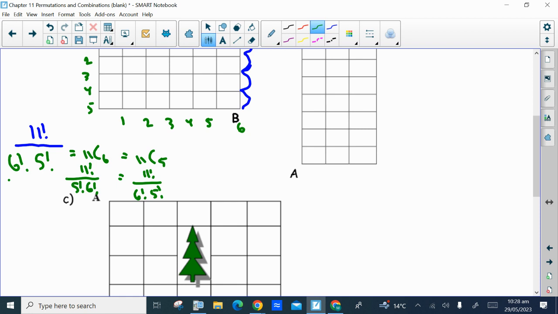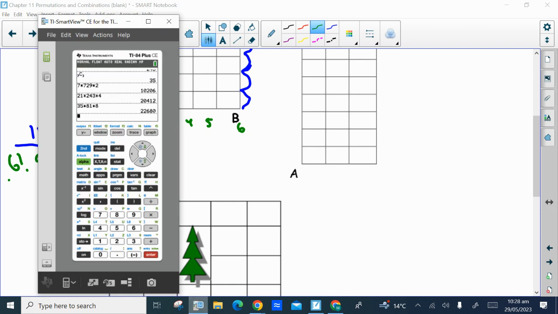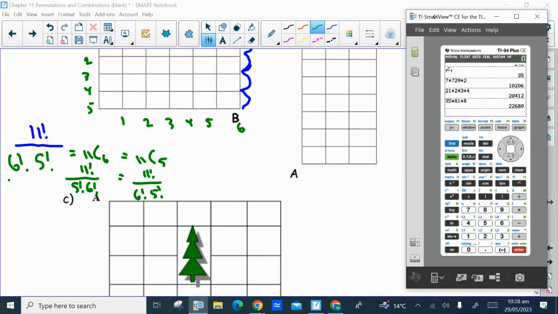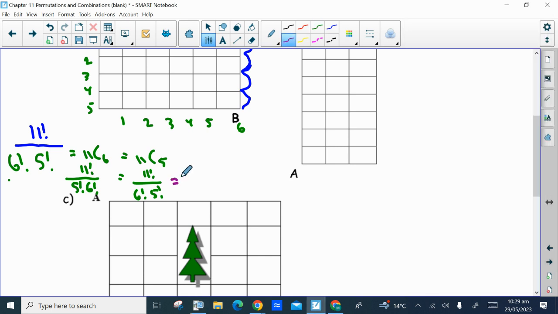So there's actually 3 different ways you could get the answer to this problem. All 3 of them give us the same expression at the end, 11 factorial divided by, I'll have to put in brackets, the 5 factorial times 6 factorial. So no matter which expression you put in your calculator, you're going to get the same answer, which is 462.